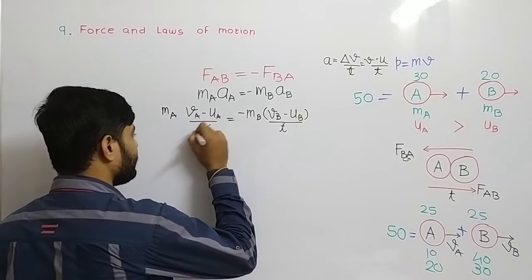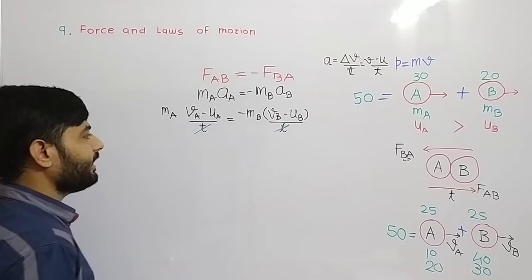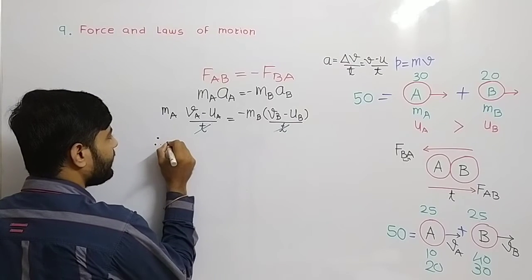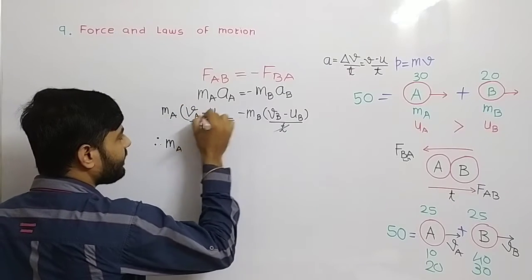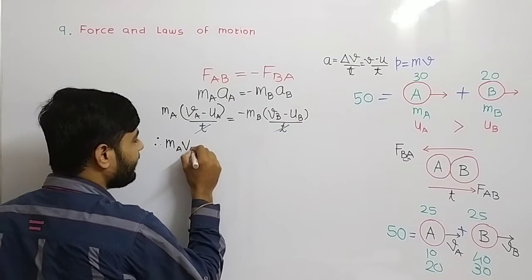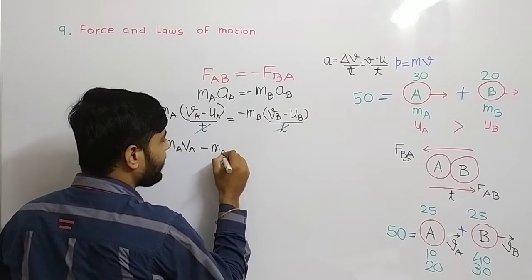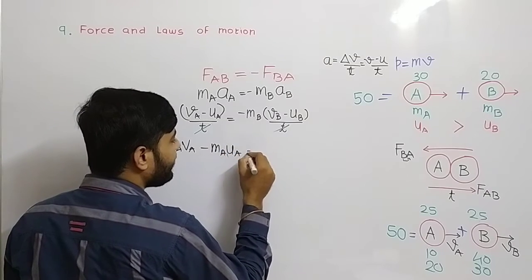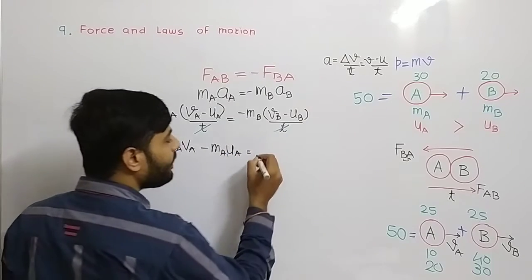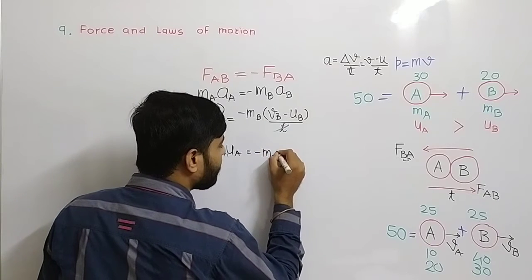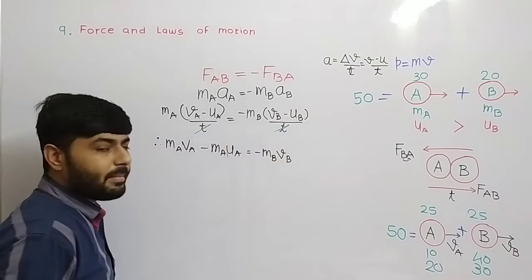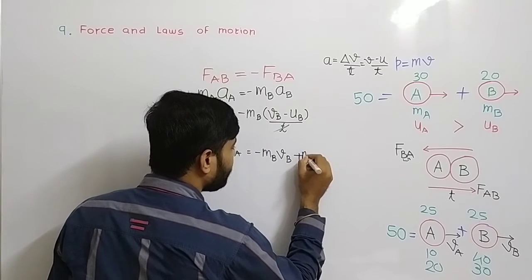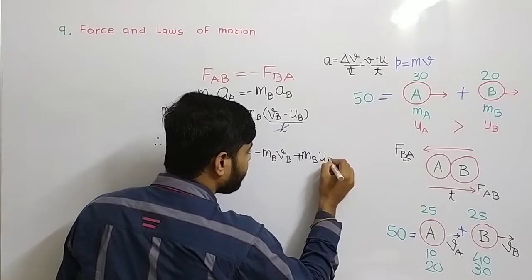If I cut this T, I write MA into VA minus MA into UA is equal to minus MB into VB, this minus minus, plus MB UB.